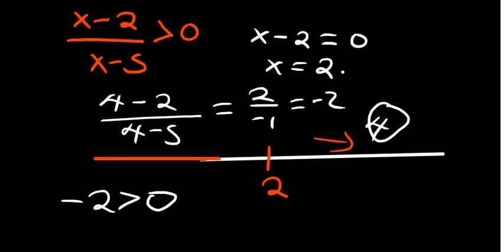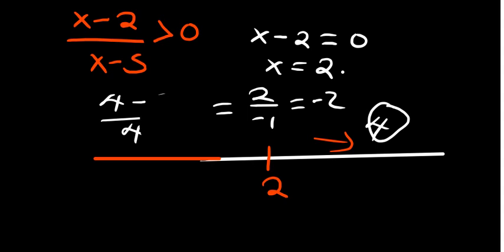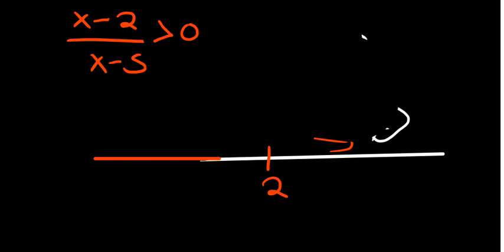No. It's not greater than 0. So 4 is refused.